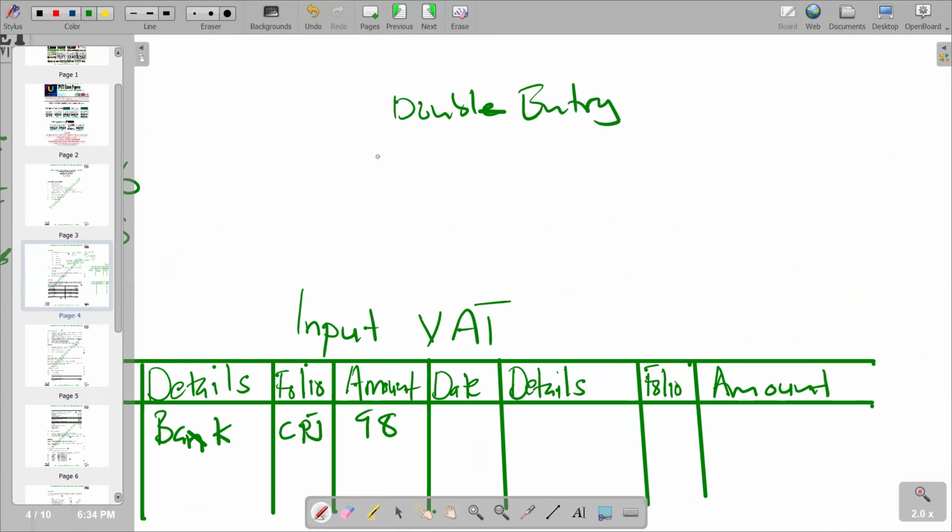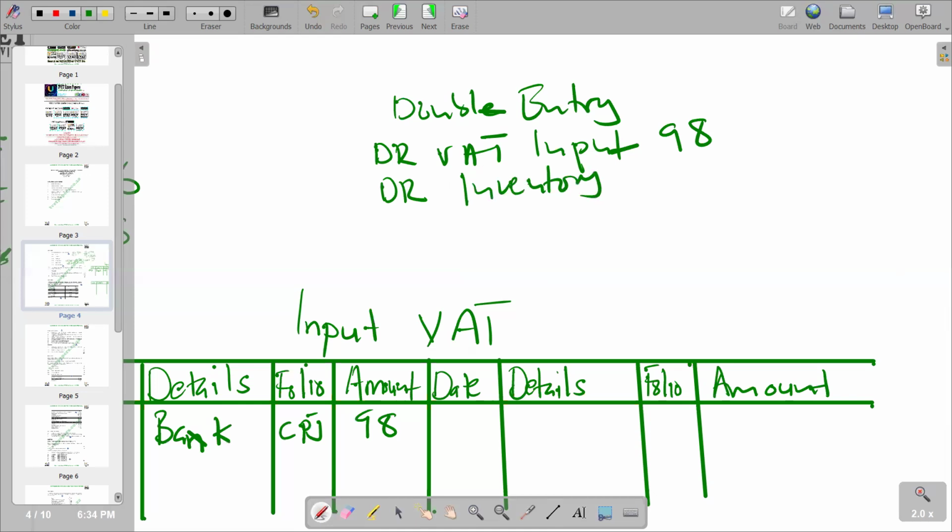Double entry involved. We are debiting VAT input with 98. And then we also debit inventory. And then inventory, we are debiting it with a figure of VAT exclusive now.